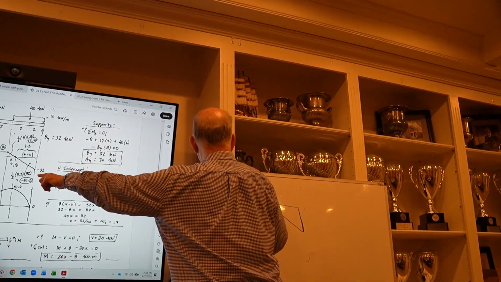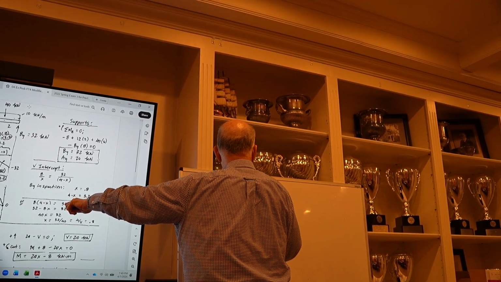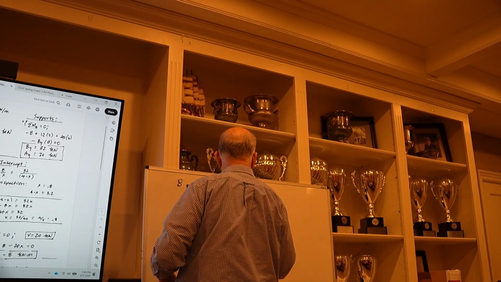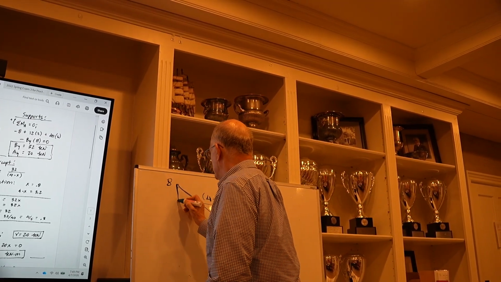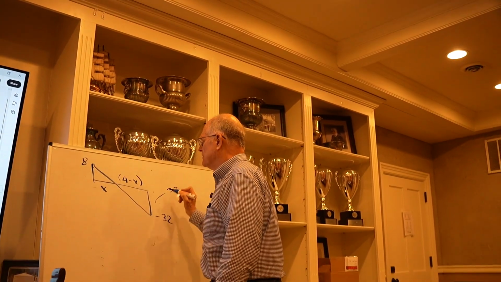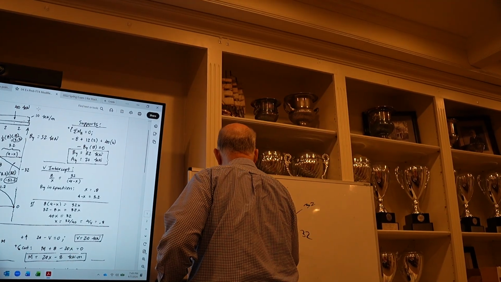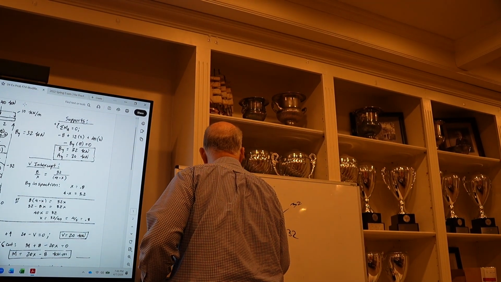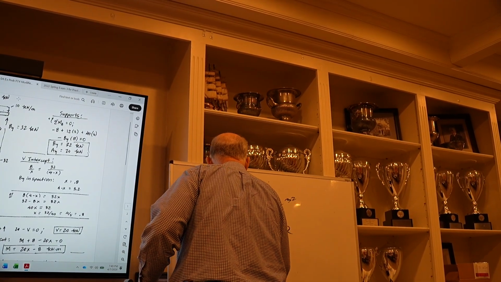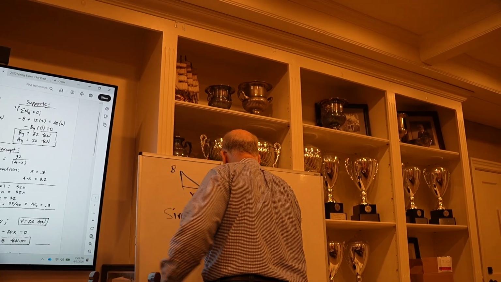This is 8, this is x, this is 4 minus x, and this is minus 32, or basically just call it 32. And these are similar triangles. So you can say that 8 over x is equal to 32 over 4 minus x.